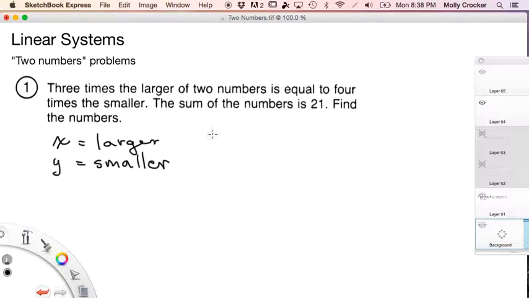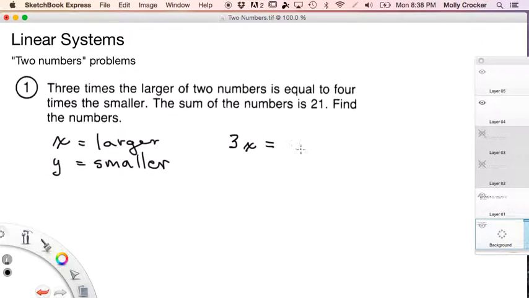Now, how do we translate English to math? 3 times the larger. Well, we called x the larger, so a way to say 3 times the larger is 3x. 3 times the larger of two numbers is, means equal, is equal to 4 times the smaller. Well, how do we say the smaller?